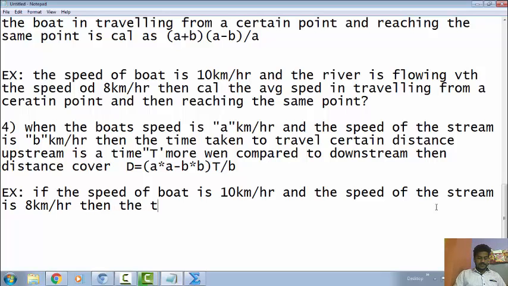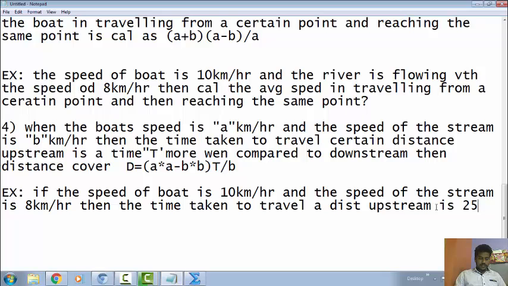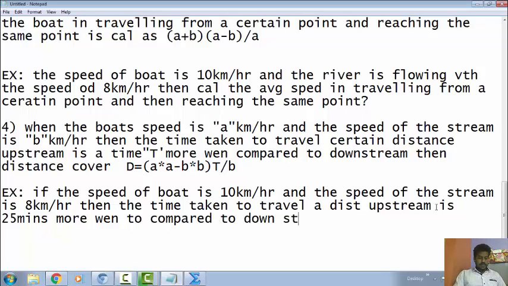Then the time taken to travel a distance upstream is 25 minutes more when compared to downstream.